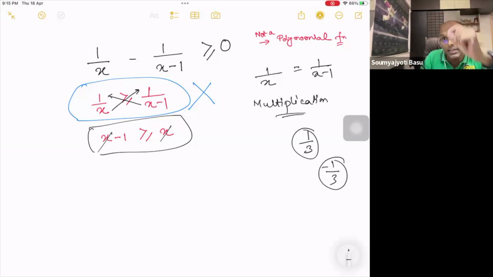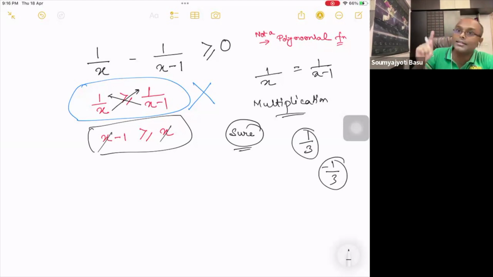And I had said that you had to be absolutely sure what you are multiplying. Is it a positive number or a negative number? Here, the cross multiplication is same. You are basically multiplying something. But multiplying by what? Think. If you are cross multiplying, you are multiplying by a variable x or x minus 1. And for a variable, I do not know whether it's a positive number or a negative number.